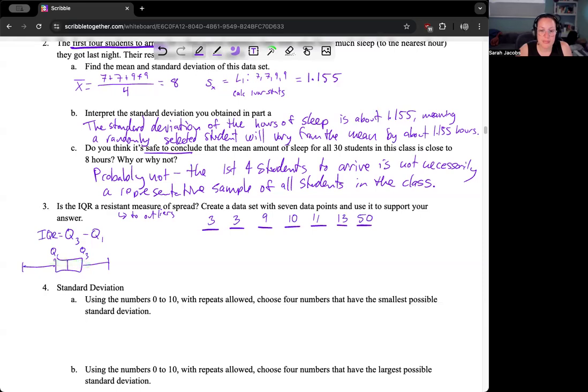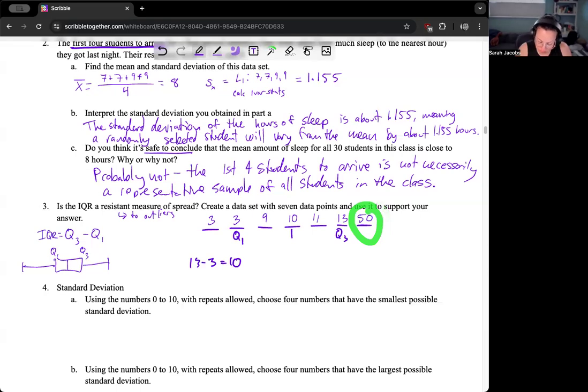Since this is 7 data points, this is right in the middle. Q1 is going to be the median of the lower half, and Q3 is going to be the median of the upper half. So 13 minus 3, our IQR is 10. If this were 100, our IQR would still be 10.